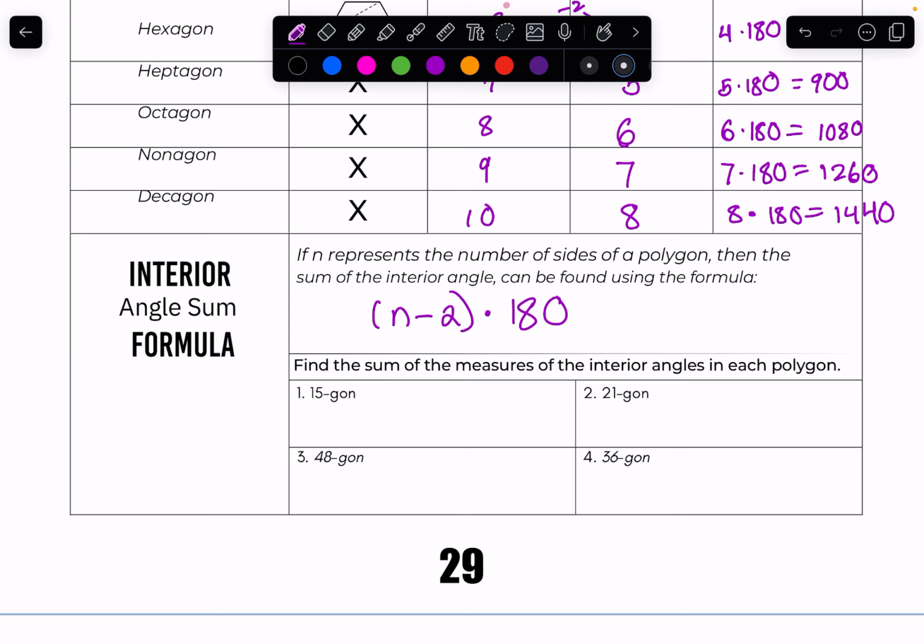So for example, a 15-gon, you would take your number of sides, subtract 2, and times it by 180. So 15 minus 2 times 180, which is 2,340.